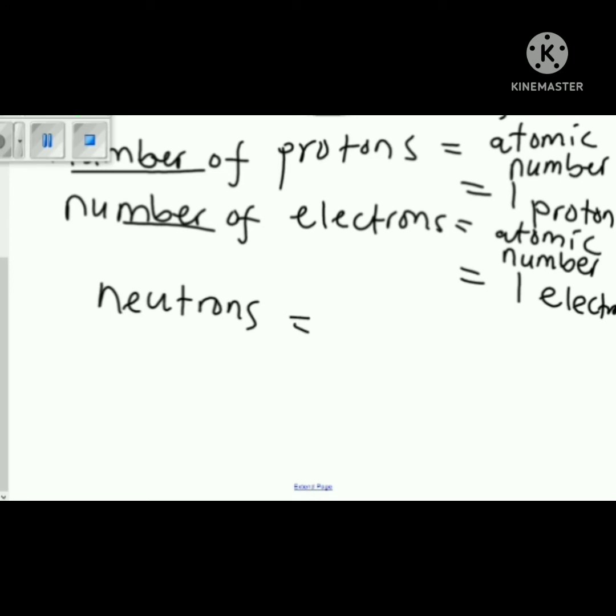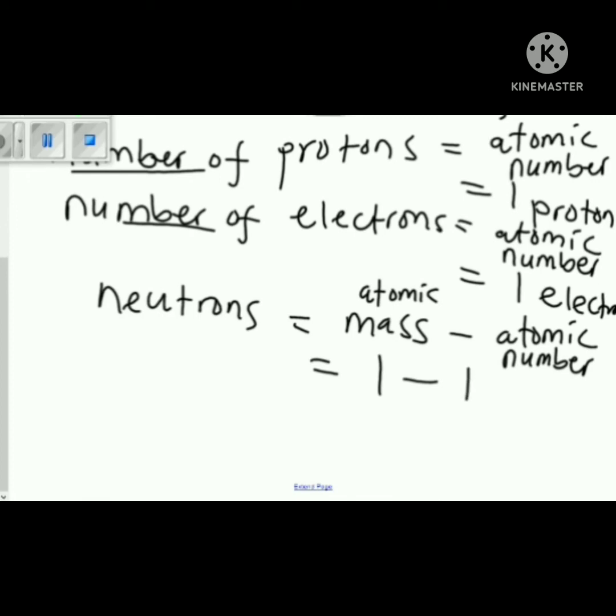The neutrons are found by subtracting the atomic number from the mass, which is the atomic mass of an element. So in the case of hydrogen, we've got a mass of 1 minus 1. So hydrogen does not have neutrons. It's got 0 neutrons.